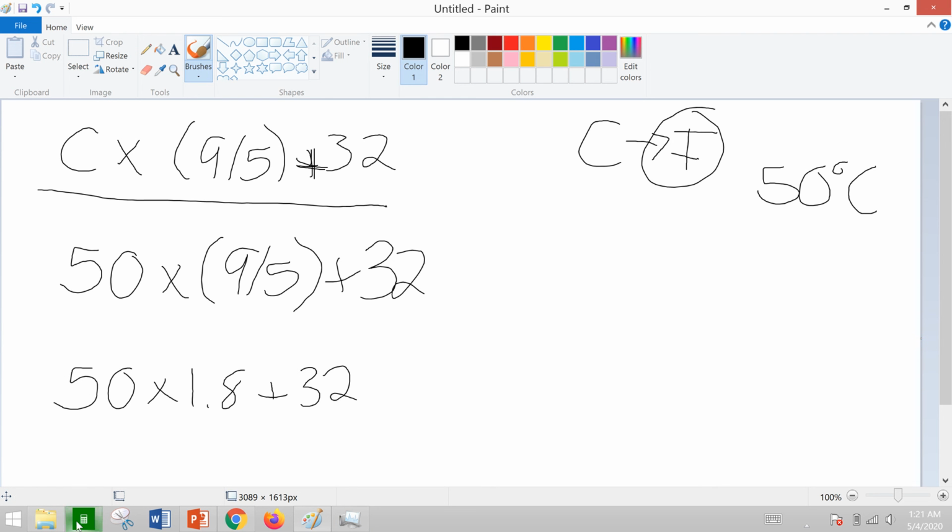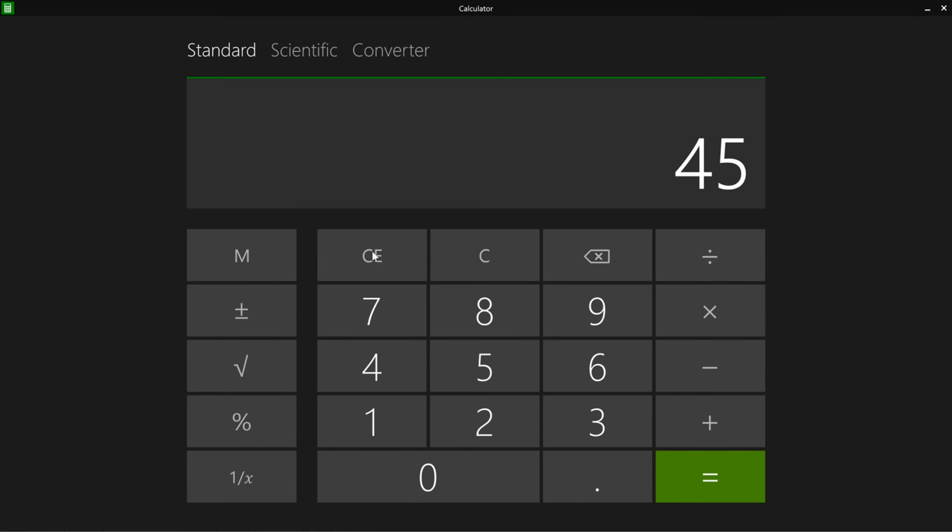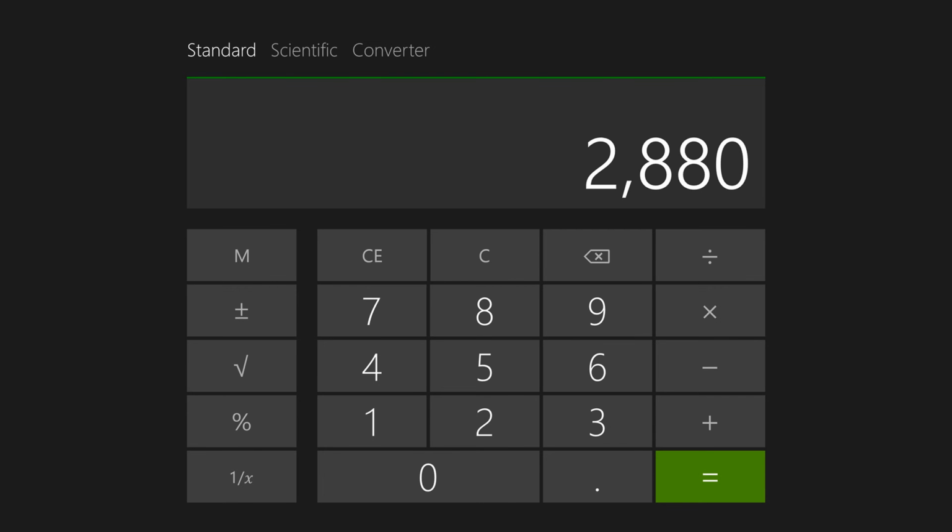Now let's pull up our trusty calculator and let's do this. Okay, so 50 times 1.8 is 90 plus 32. Whoa, that was right. 50 times 1.8 plus 32.